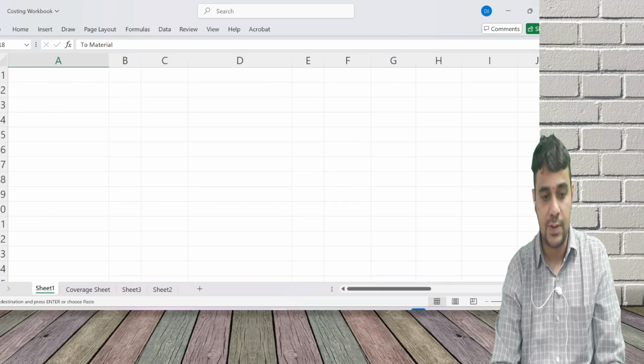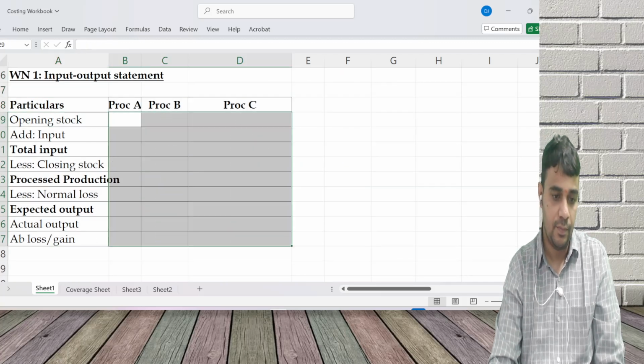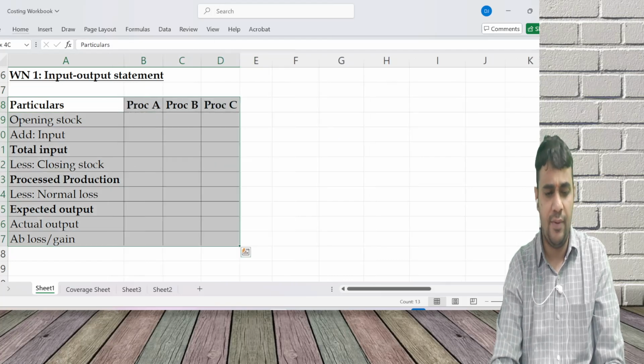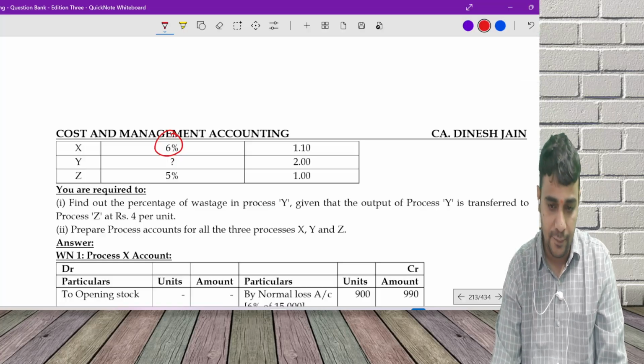Particulars and three processes. The format is the driven area, so write the format first.